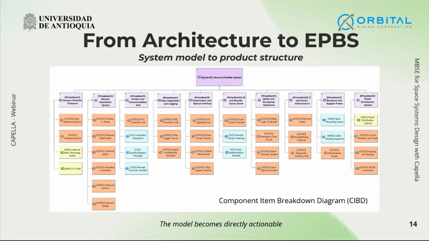So here we are at the stage where we say, okay, we have all of the design process, we have taken all the things into account, and now we have to separate all of the things that we have to, for example, procure or integrate or validate.